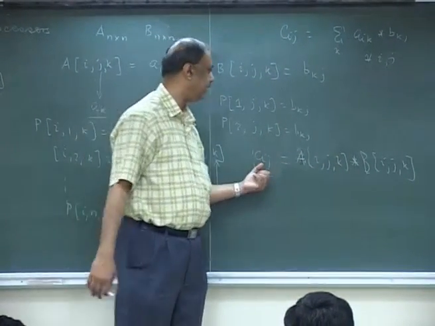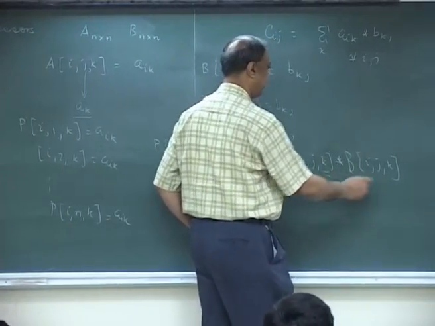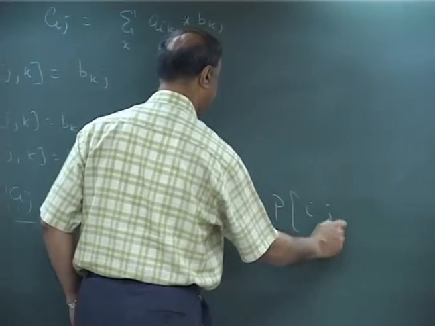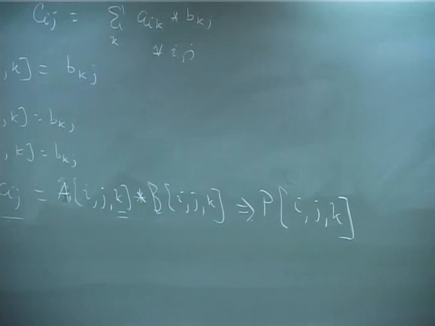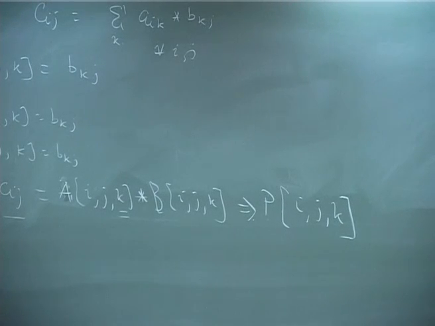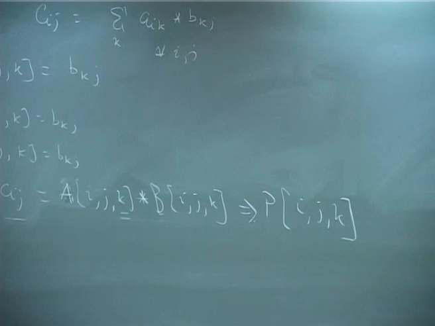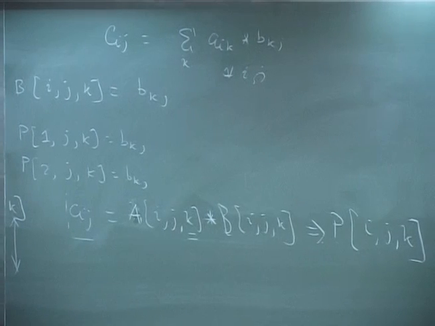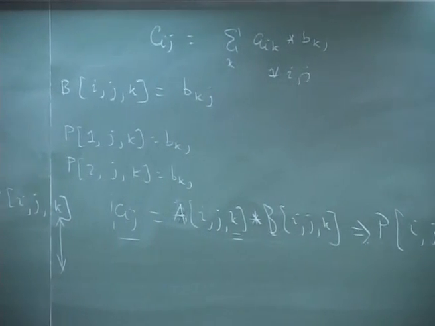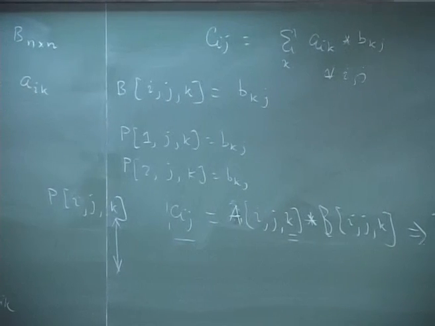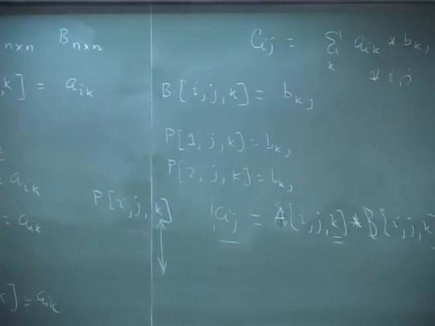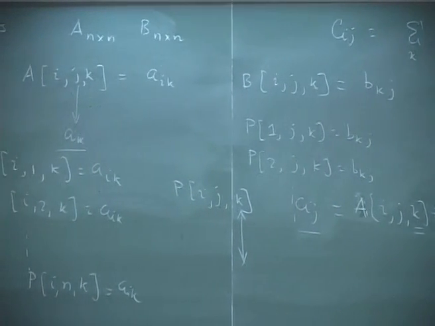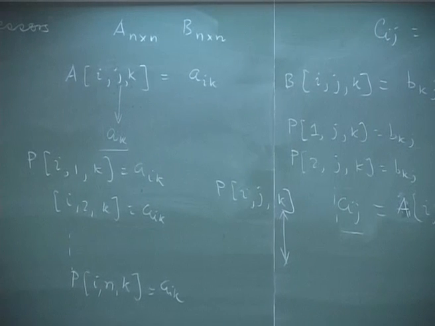If I multiply it for different k, I can get in the process Pijk. The process Pijk multiplies the content of Aijk with Bijk and stores in Cijk. Right? So Cijk for all k, they are the element of Cij. They are the element of the Cij of the matrix multiplication.